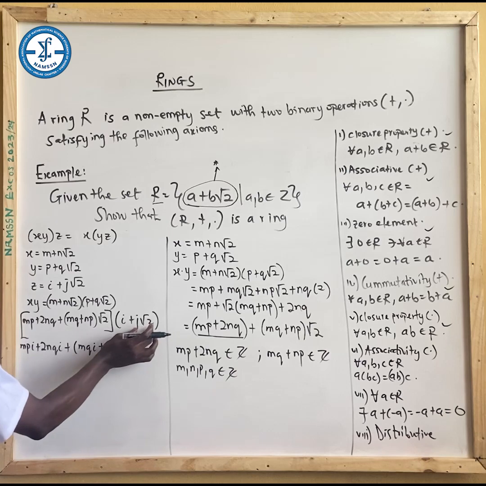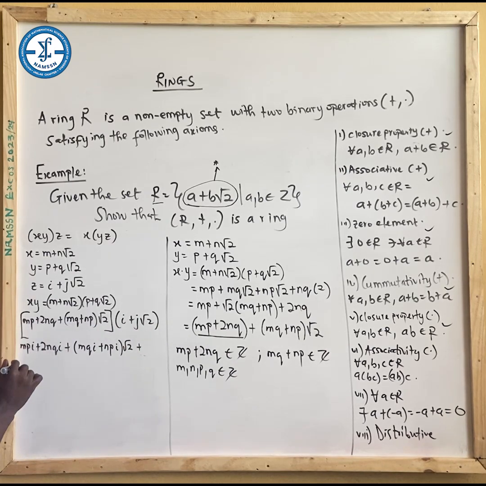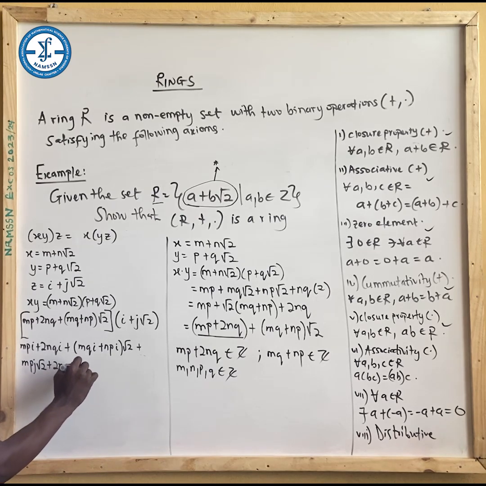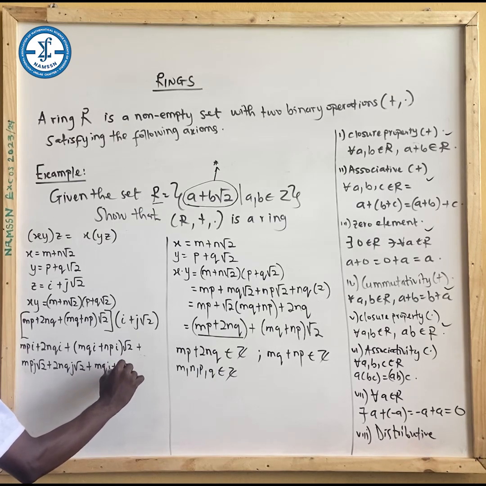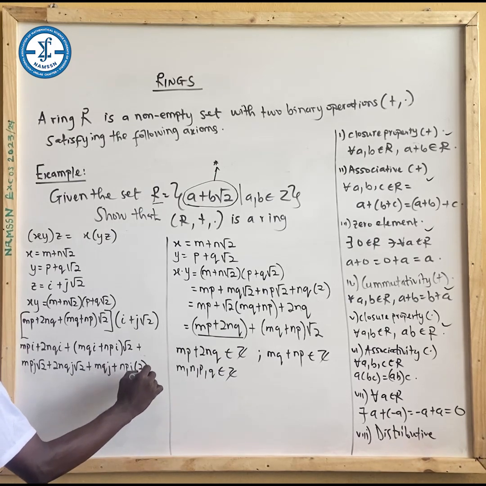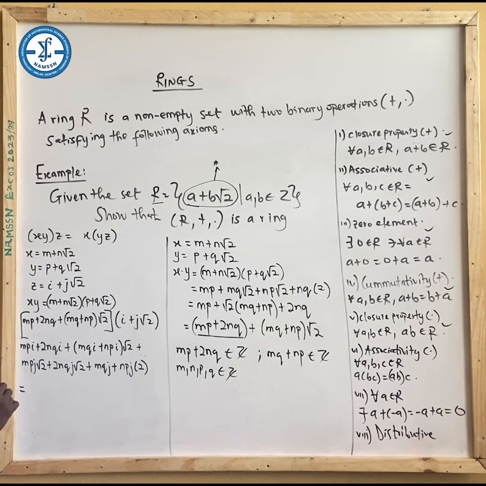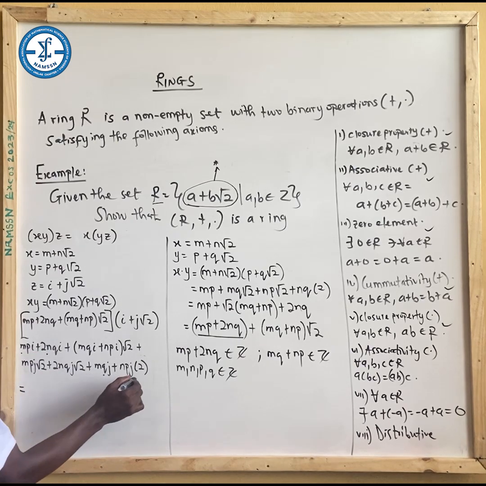Plus, use this to multiply all of this, you have j times this, that is npj root 2 plus 2nqj root 2 plus nqj plus npj times what? Times 2. So I can have 1, 2, 3, 4.